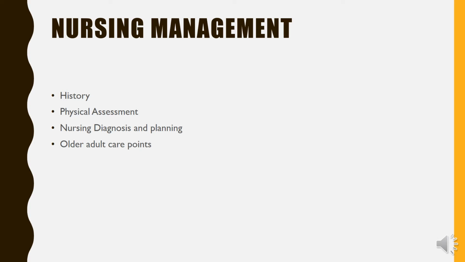We need to ask if they have any restrictions to their range of motion. Have they had previous trauma or surgeries? Do they have any underlying diseases that may affect their musculoskeletal system, such as diabetes, sickle cell disease, and then other disorders such as lupus or chronic metabolic diseases?